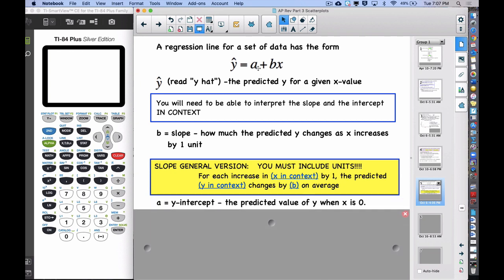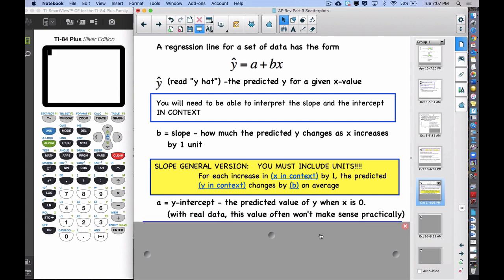The a value is our y-intercept, and the y-intercept is just the predicted value of y when x is 0, just like it is in a normal graph in algebra. Just be aware that if they ask you to interpret the y-intercept with real data in a real context, sometimes it doesn't make sense.